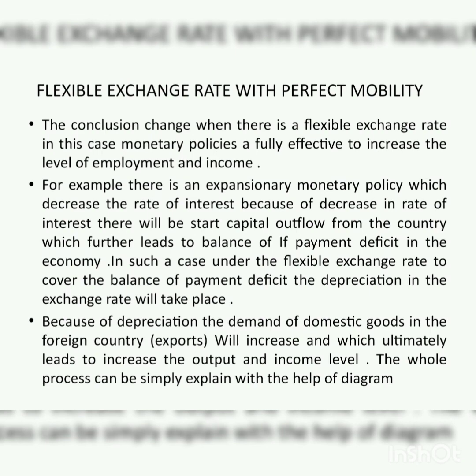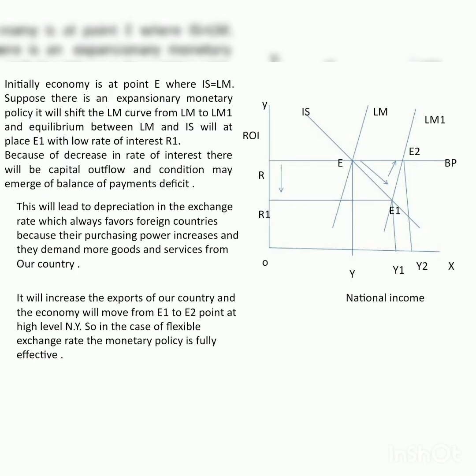So this is also explained with the help of a diagram. In the diagram, initially we are at the same point E, where there is equilibrium between IS and LM. Suppose there is an expansionary monetary policy which shifts the LM curve from LM to LM1, and we are at point E1, the new equilibrium at a low rate of interest R1.